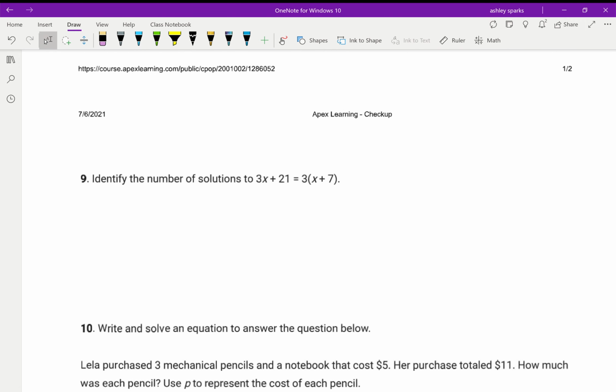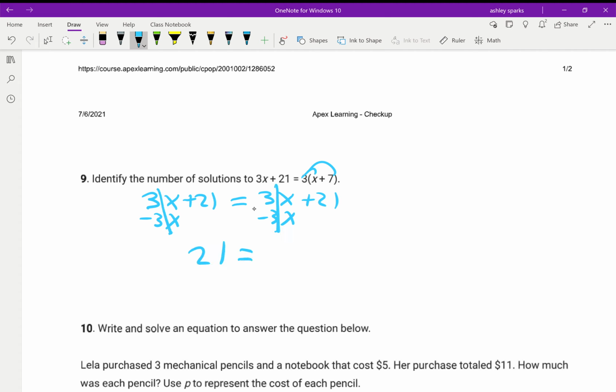The next one is another example of this. So 3x plus 21, do that distribution. So that's 3x plus 21. And let's go ahead and subtract 3x from both sides. Well, once again, that cancels and that cancels, and I have 21 equals 21. That is true.